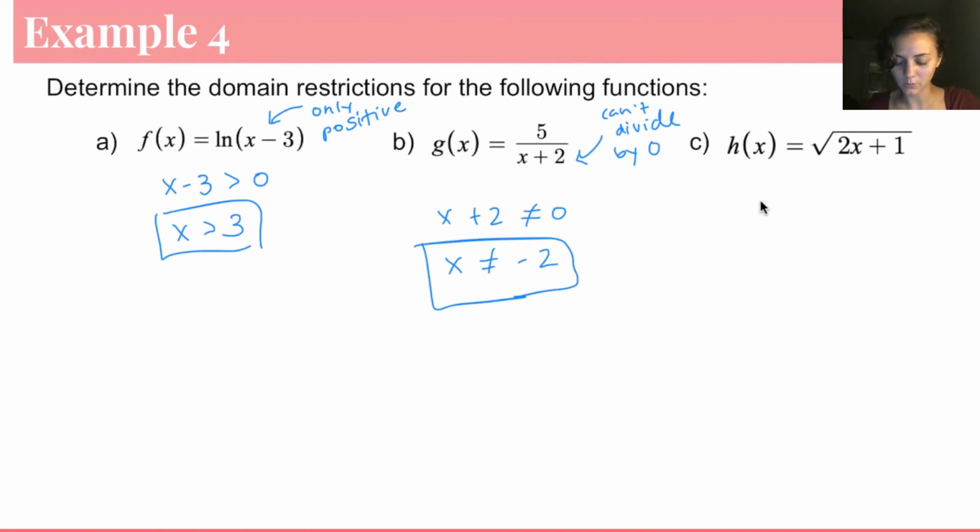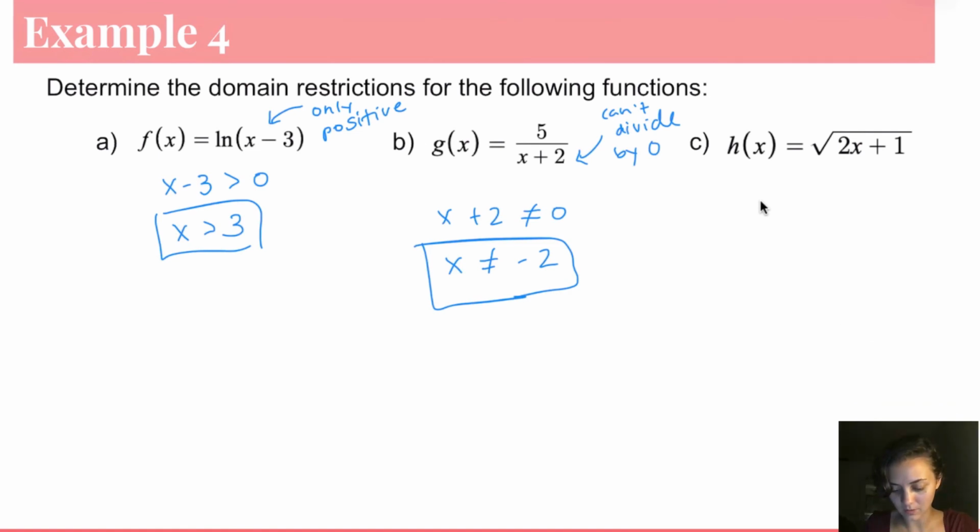Finally, a square root. Square root, you can't have negative numbers. So what's inside of there? 2x plus 1 has to be greater than 0. I made a tiny mistake there. Can you tell what I need to add to my equation?